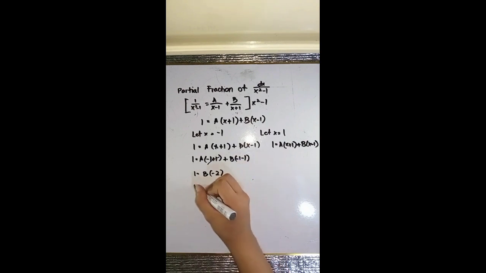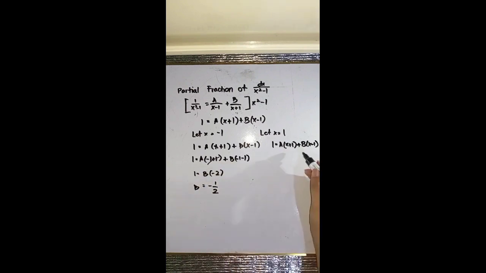So b equals negative 1 half. For the other side, it will be 1 equals a (1 plus 1) plus b (1 minus 1). So b will be cancelled out because 1 minus 1 equals 0. So a equals 2, which is translated to 1 half.